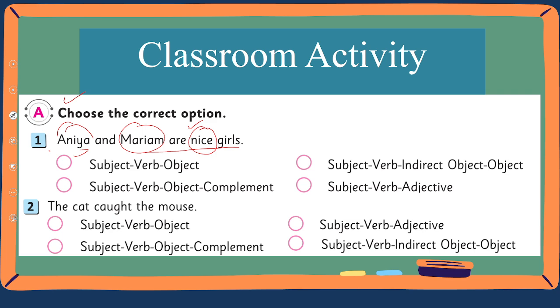So it means we have our subject, verb and adjective. Now what kind of verb do we have? We have an auxiliary verb, a helping verb, are. So Anya and Mariam are nice girls.